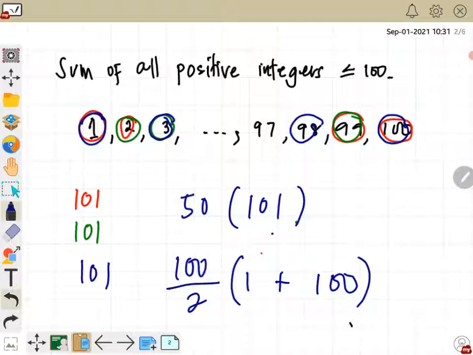So we simply add the first and the last, because that's the same for the second and the second to the last, the third and the third to the last term, times how many pairs of that. In this case we have 50 pairs, so we have 5050.